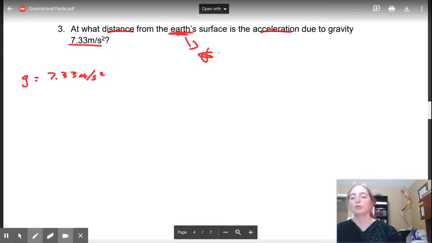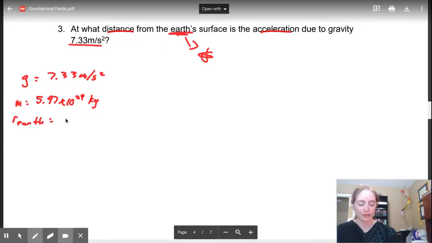Okay? So from your data sheet, you can see that the mass of Earth is the lovely value of 5.97 times 10 to the power of 24 kilograms. We know that the radius of Earth is equal to 6.35 times 10 to the 6 meters. Now, you have been asked to calculate the distance from the Earth's surface.